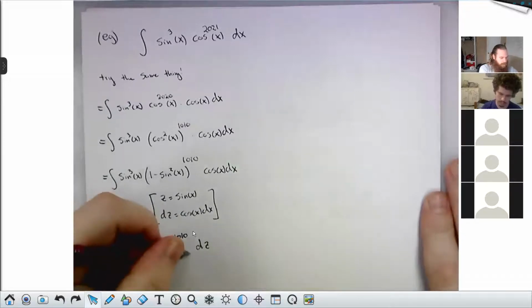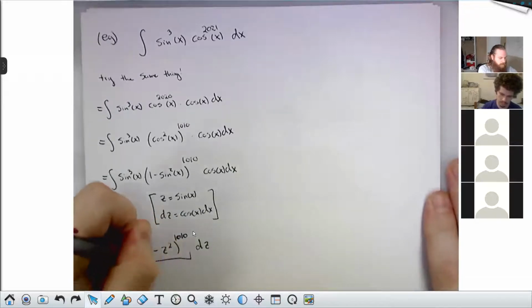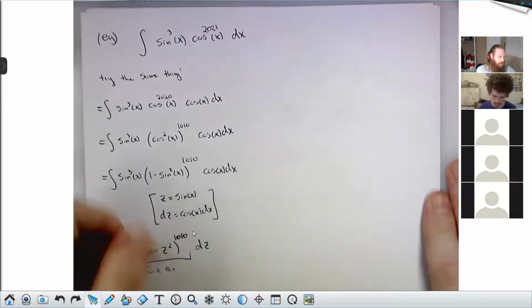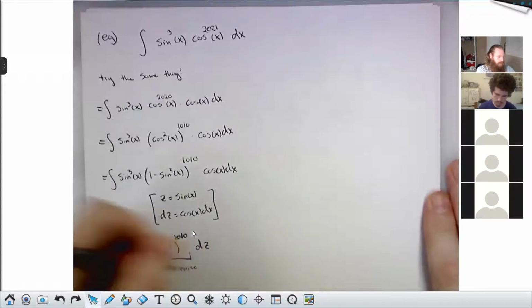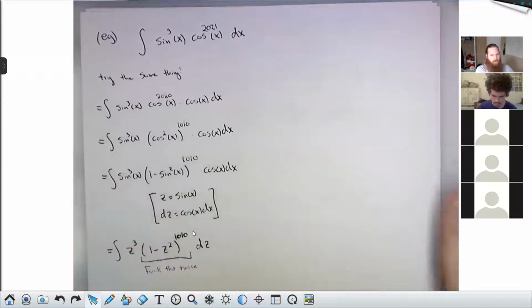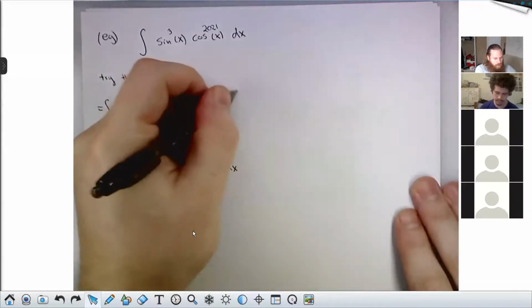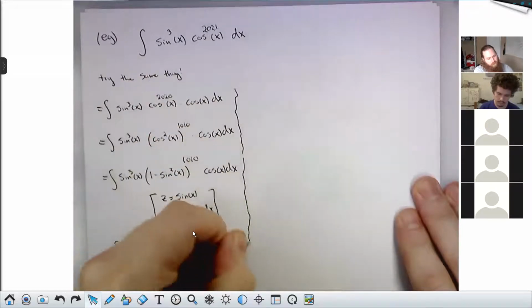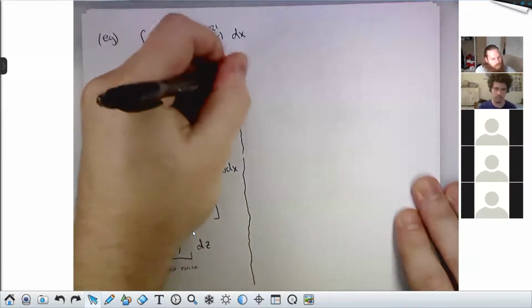So basically, on the one hand, yes, this is a polynomial, but I don't want to deal with that. It's big, it's huge, it's this massive long thing that you have to expand out before you can distribute the z cubed and integrate. So is there something else we could try?